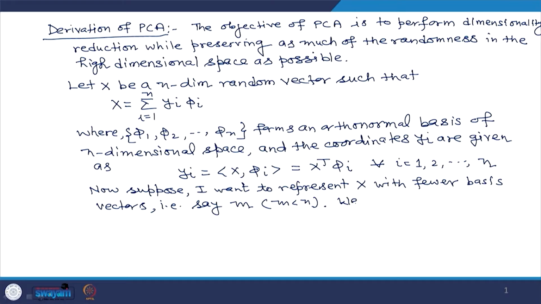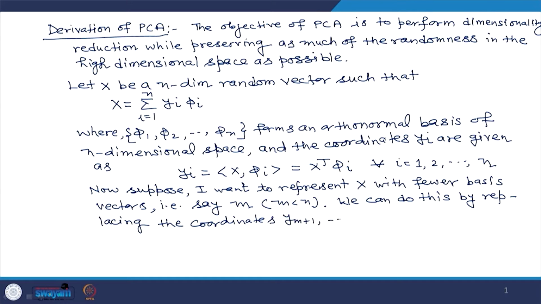So, how can we do this? We can do this by replacing the coordinates y_{m+1}, y_{m+2} up to y_n with pre-selected constants b_i. So, x_m means I am representing the same x, but in a lower dimensional space having dimension m.